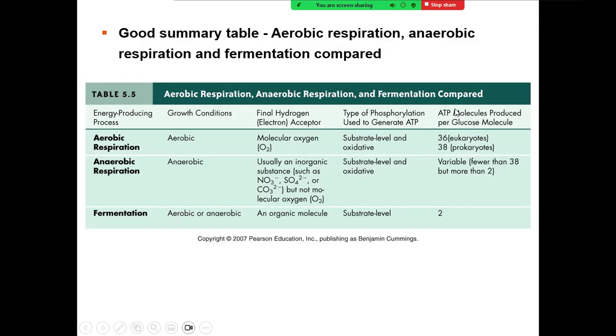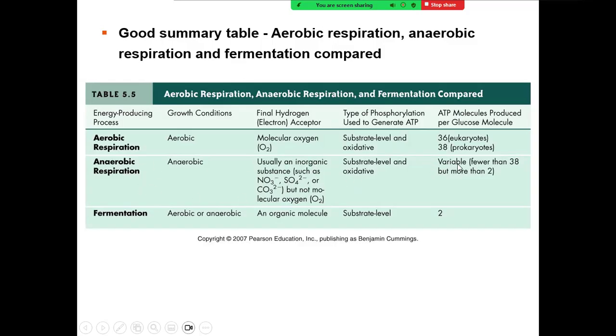The generation of ATP, you can skip this one here. The generation of ATP, aerobic respiration is the most efficient. Prokaryotes generate 38 ATP molecules per molecule of glucose. Eukaryotes, most cells generate 36, but a few cells generate 38. Anaerobic respiration will be variable depending on what the final electron acceptor is or what form of anaerobic respiration it is.